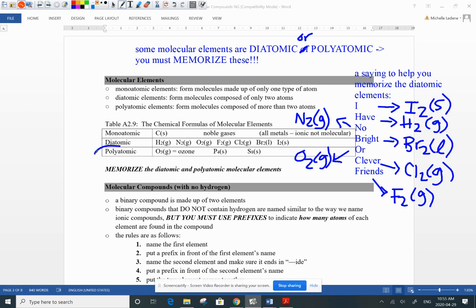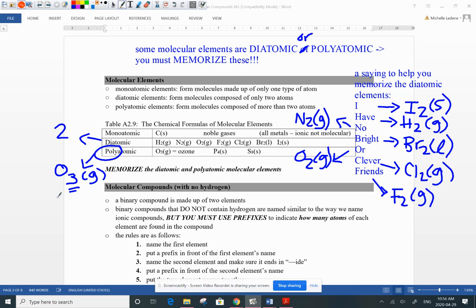And then there's a few polyatomics. Remember, diatomic means there's two atoms that make up a molecule. With a polyatomic, you've seen this word before, it means there's more than one. And so we see these polyatomics: O3, ozone gas. There's 3 oxygen atoms that are covalently bonded together.